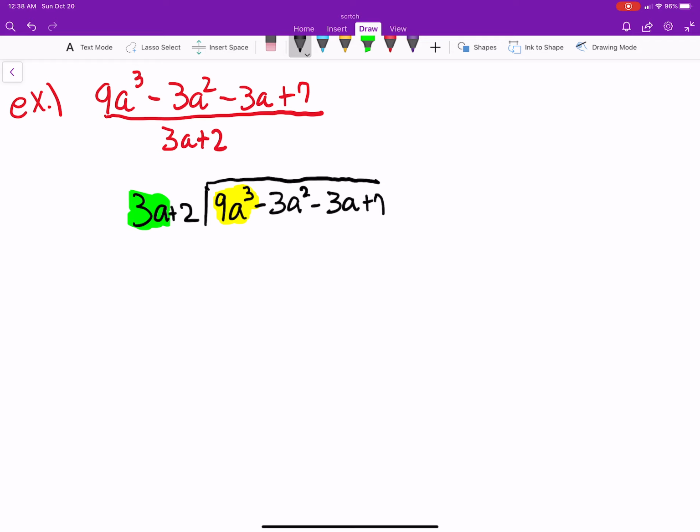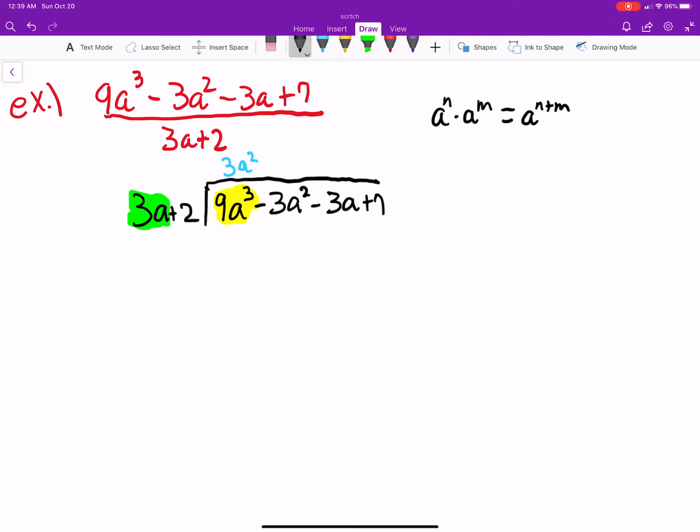Well, I know if I multiply 3 by 3, I'll get 9, so I'm probably going to have a 3 up here. A times what equals a cubed? Well, if you remember with our exponents, that's just a to the n, plus, we add our exponents. So that's just going to be a squared. We have 1, and we need to add 2 to get to that 3 exponent.